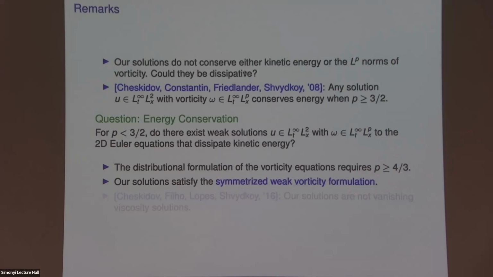And again, our exponent is smaller than this. But actually, we can check that our solutions satisfy the symmetrized weak vorticity formulation. So they are solutions to the Euler equation in velocity form, and they satisfy in this weak formulation also the vorticity formulation of the two-dimensional Euler equation.